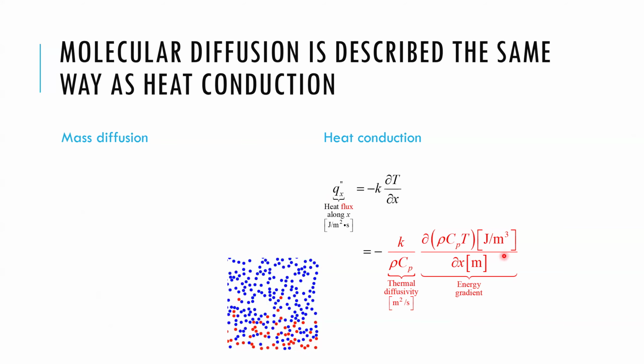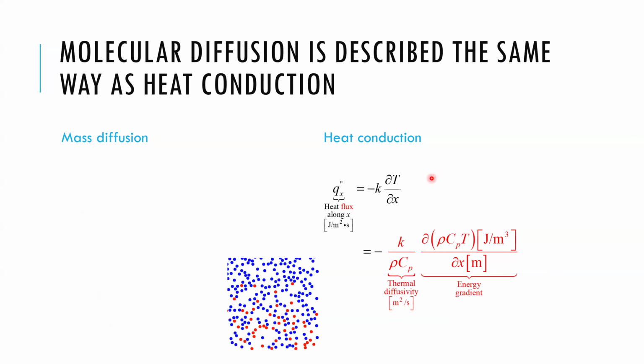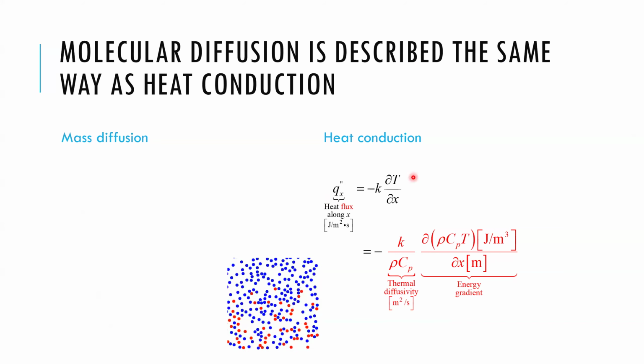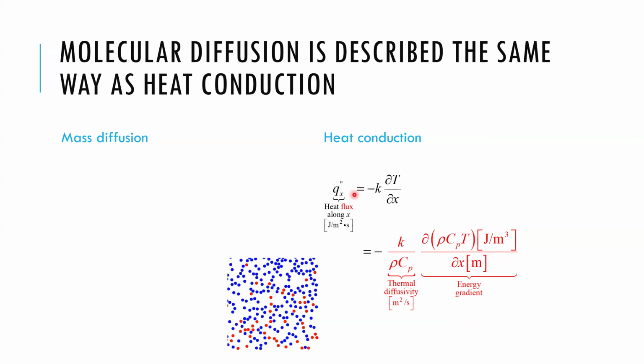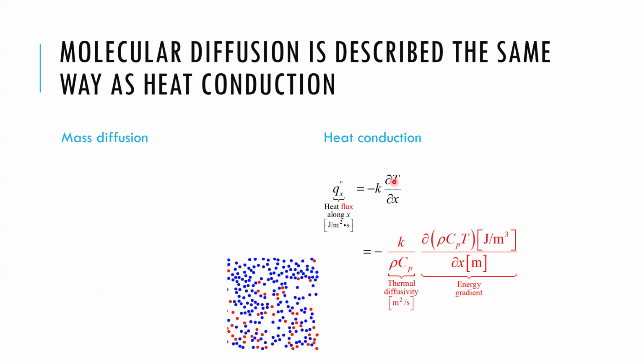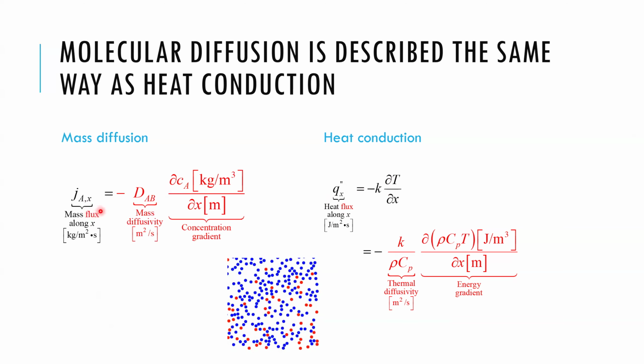Okay, so now let's look at this. Again, this is the same animation of mass diffusion in a gas, and I have the formulas from heat transfer that you have already done. So heat flux is equal to minus k dT/dx, and mass flux, you notice, is an almost identical formula.